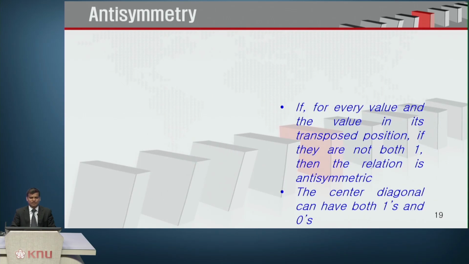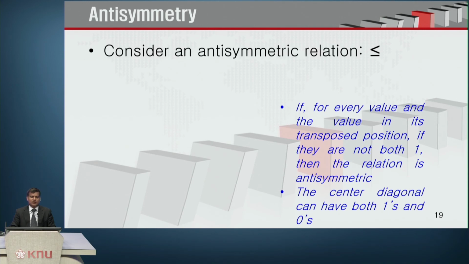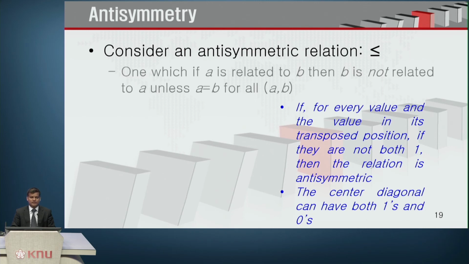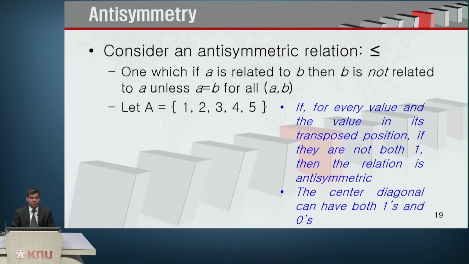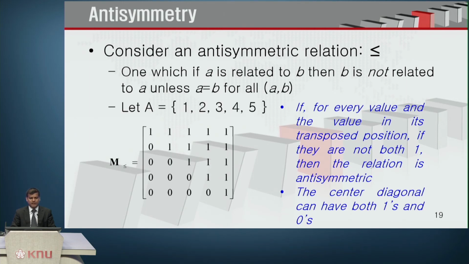Let's go for antisymmetric. Here, antisymmetric means that A is related to B and B is not related to A unless A is equal to B, for all A comma B. For the given matrix, you can see everything looks the same as the asymmetric property, except that the diagonals can have both ones and zeros.